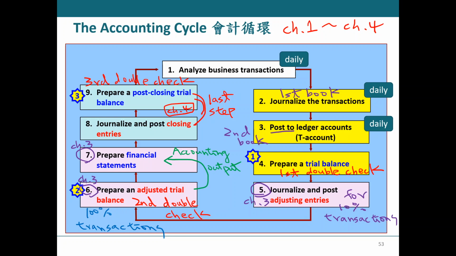Accrual basis accounting, 应计基础会计, or cash basis accounting, 现金基础会计. Which one? Every time when the transaction occurred, you need to record it. Which one? Accrual basis or cash basis?